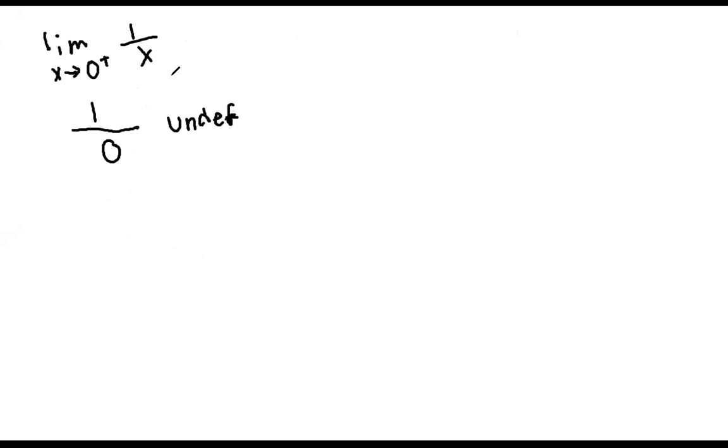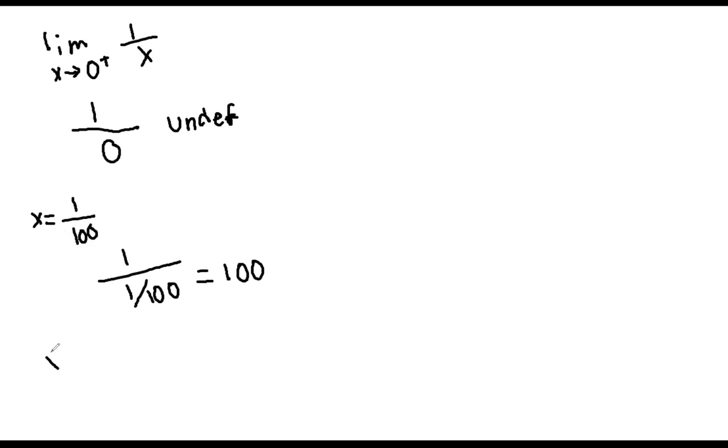So what is something really, really close to 0 from a positive direction? I'm going to use 1 divided by 100 for x. That would mean that the function is 1 over 1 over 100, which is actually just equal to 100.